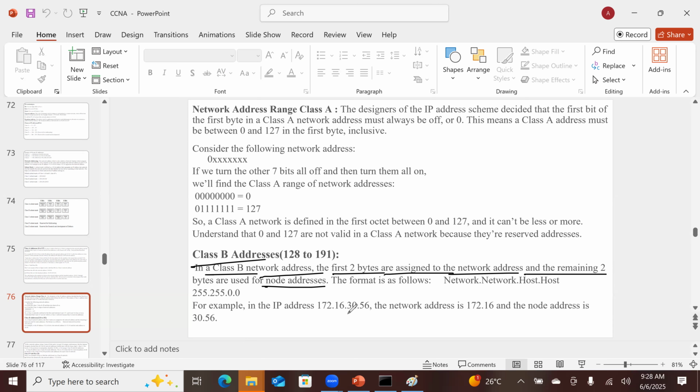For example, take this IP address, 172.16.30.56. In this IP address, the network address is 172.16, which belongs to the network, and the remaining 30.56 belongs to the host.